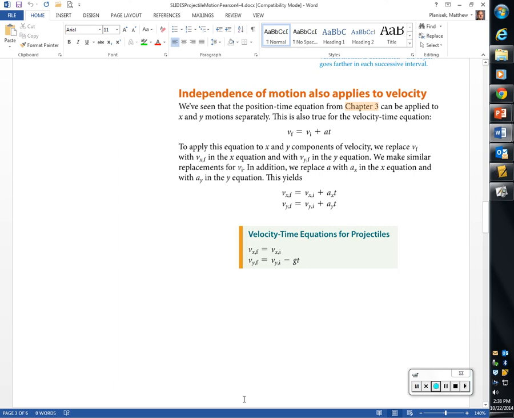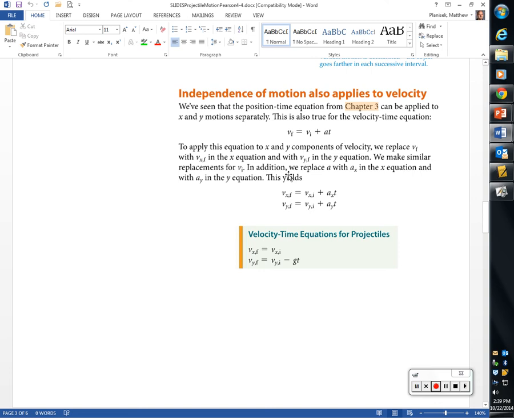So this equation up at the top hopefully looks familiar. We introduced it back in section 3.2, right? But again, applying it to projectile motion, we have an x equation and a y equation.